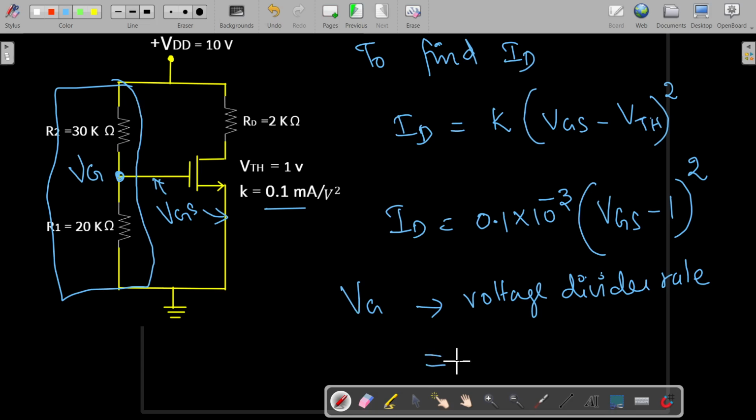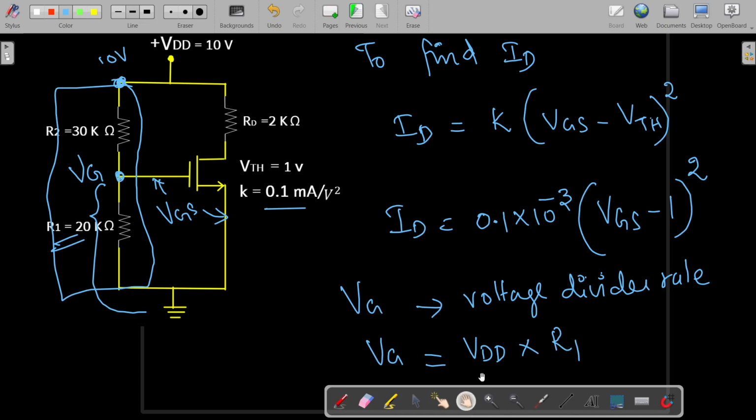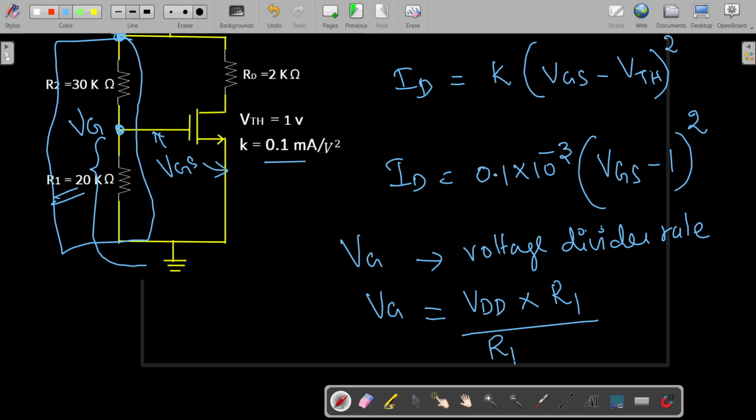The formula is the supply voltage VDD, which is available here at this point, this 10 volts, multiplied by the voltage across this R1 resistance. So it is VDD multiplied by R1 divided by the total of the resistances R1 and R2.